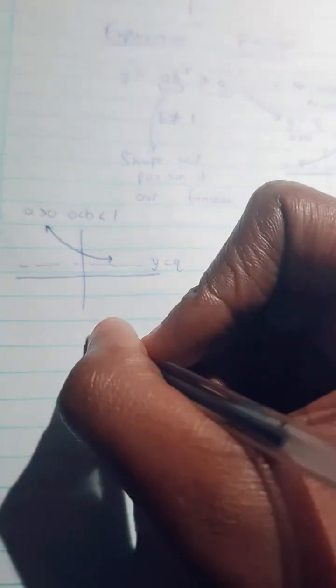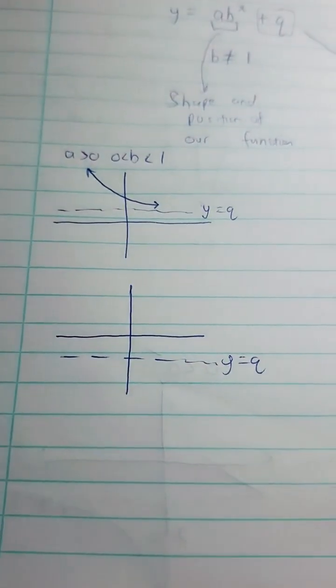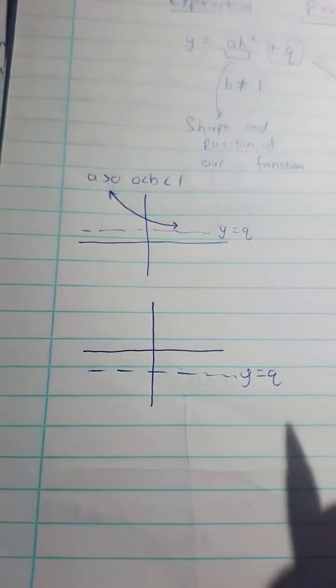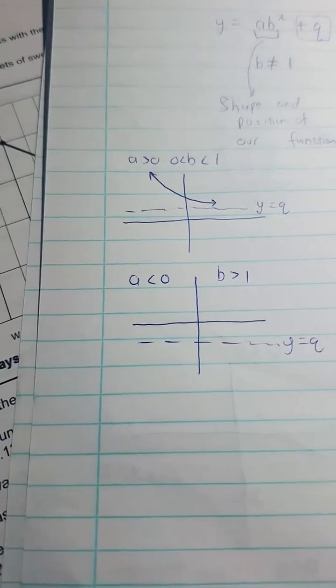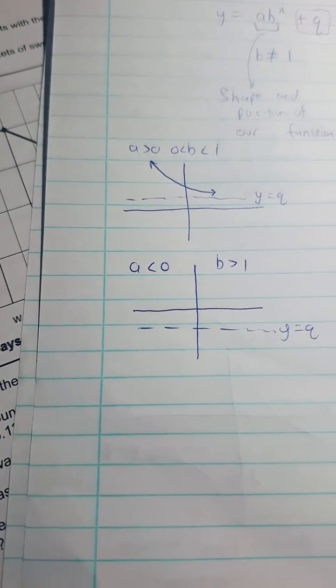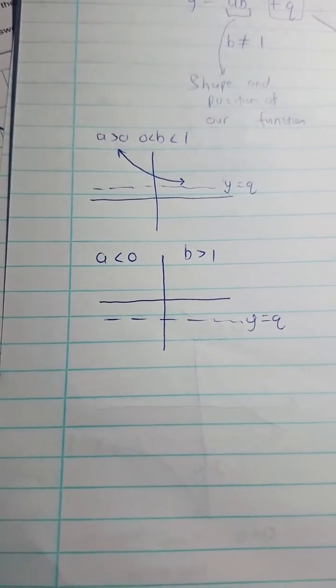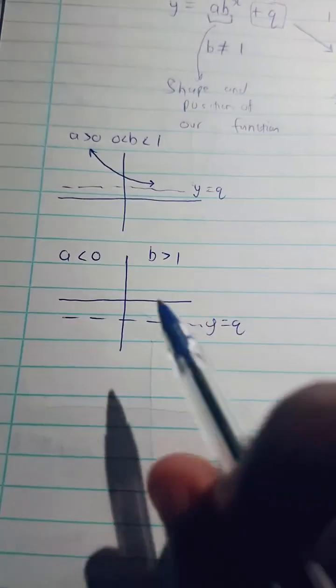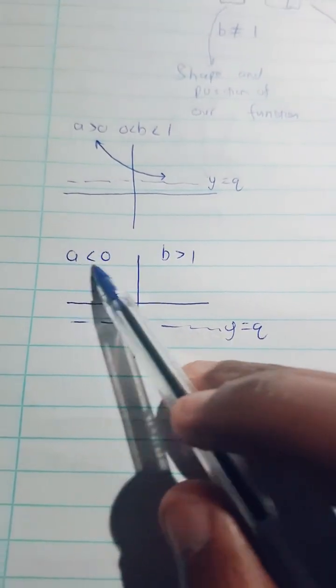Now, the 2 last scenarios. Let's just say the asymptote now was below the x-axis. Still, if a here now is less than 0, but b is greater than 1, this means below.